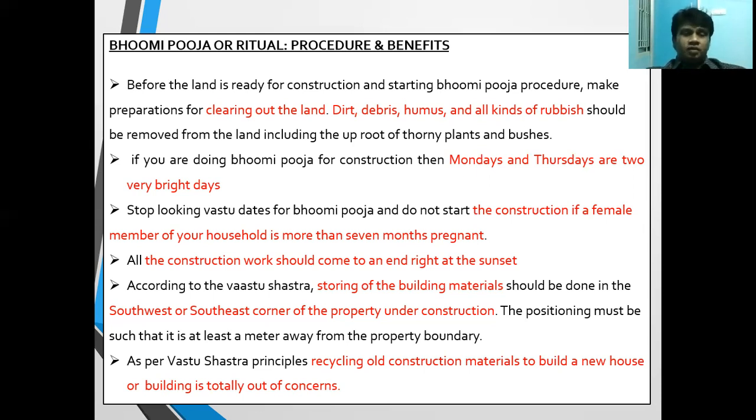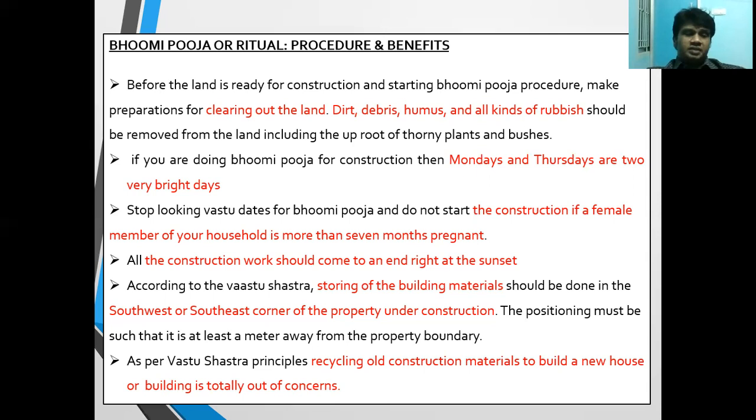Then the storing of building materials should preferably be in the southwest or southeast corner. What is the main reason why we prefer the southwest or southeast corner for storing building materials? In the model one, we found large trees and shrubs planted on the southwest direction.